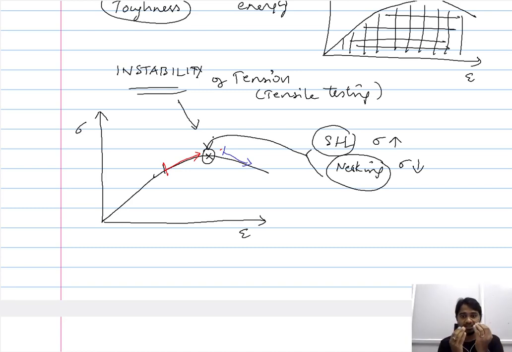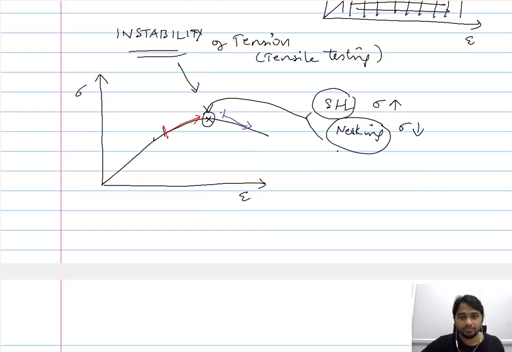This peak means there is a balance between strain hardening, which increases the stress required for plastic deformation, and necking, which decreases the stress required because you have reduced the cross-sectional area. That is what is characterized by this point here, and that is what the instability means. Once this balance is lost, the influence of necking, the geometrical change, becomes more pronounced. So the instability begins when the balance between the strain hardening and necking is lost.